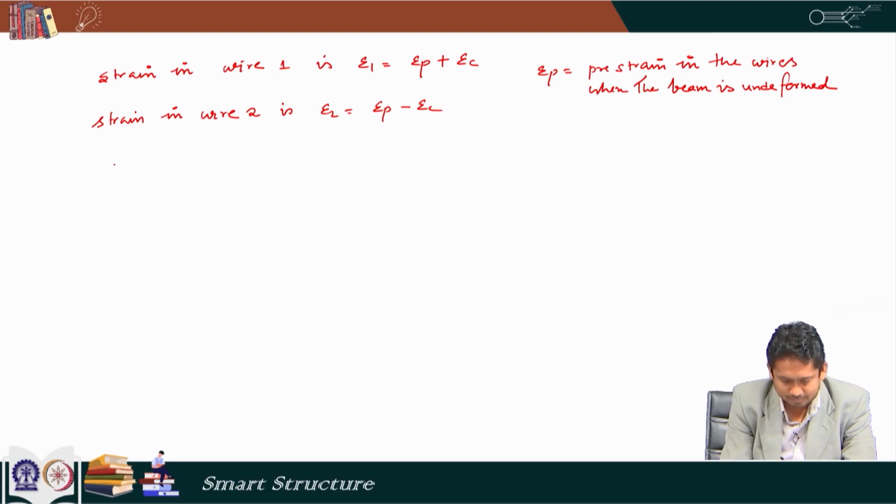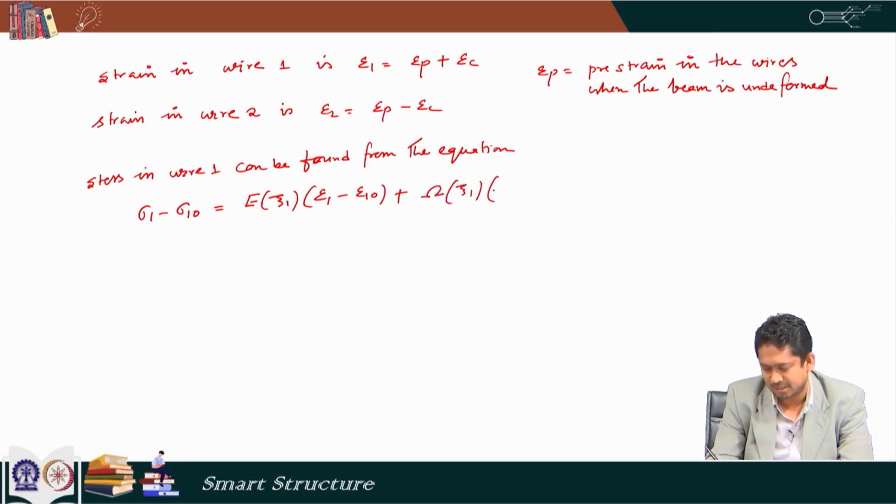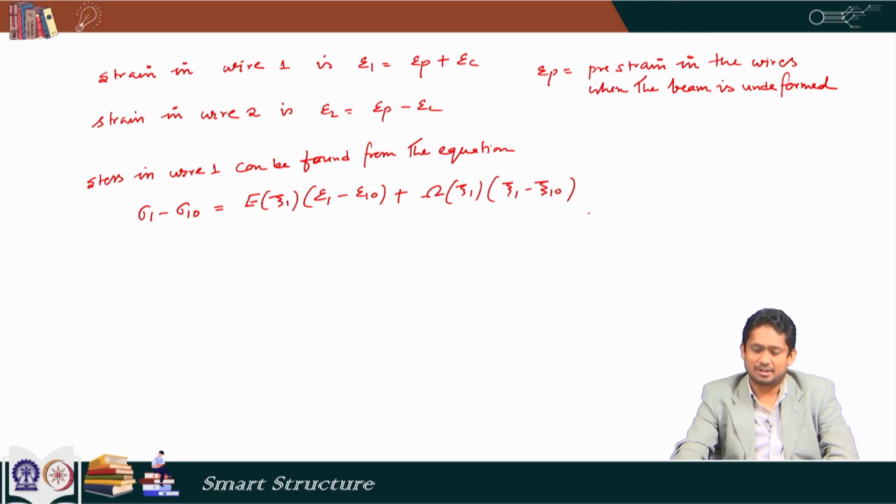So, stress in wire 1 can be found from the equation sigma 1 minus sigma 1 0 is equal to E xi 1 multiplied by epsilon 1 minus epsilon 1 0, plus omega xi 1 multiplied by xi 1 minus xi 1 0, and there could also be a term capital theta multiplied by the temperature difference.